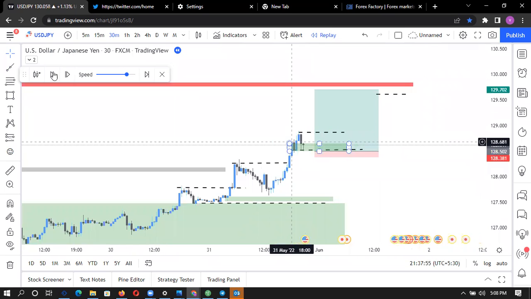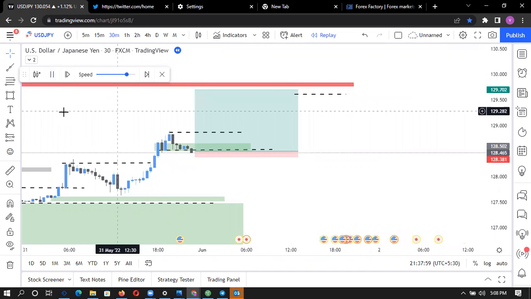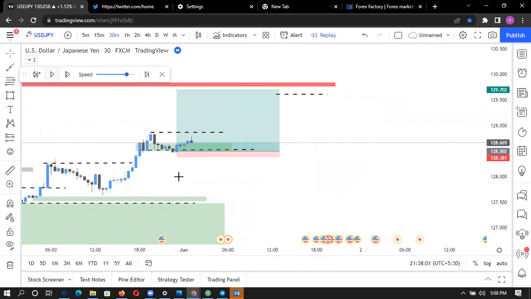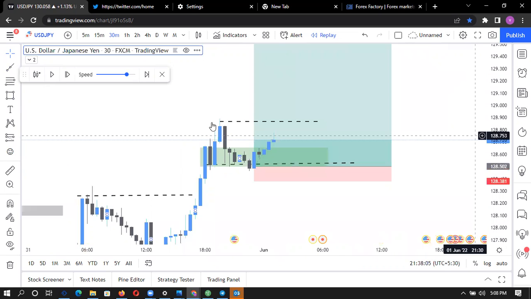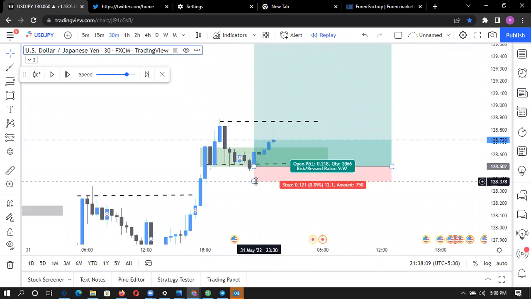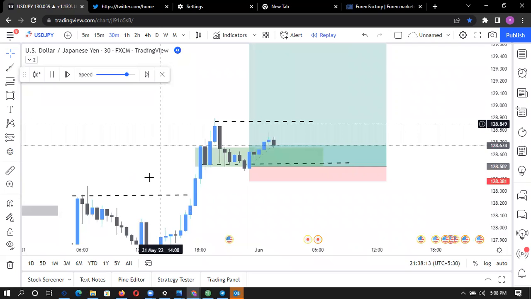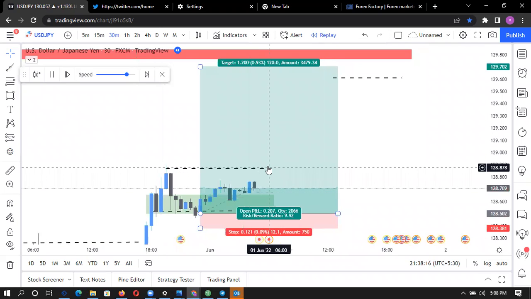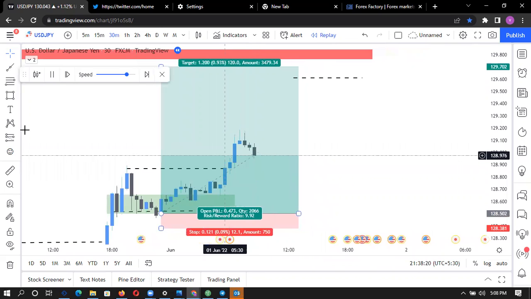We had an inside bar, so continuation. From there, I took an entry just right there, the moment the price came back, created a structure, and came back to this OB. The stop was just about 6-7 pips. And you could see that the price continued bullish and bullish and bullish, broke the structure, and closed around this area.